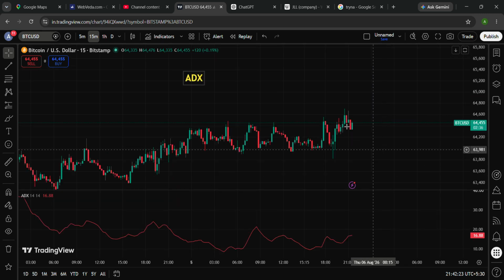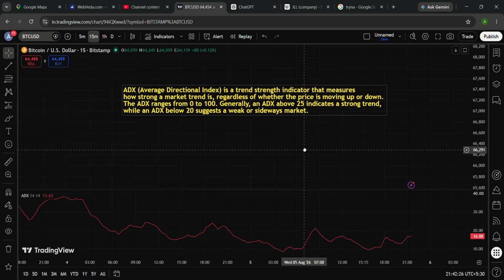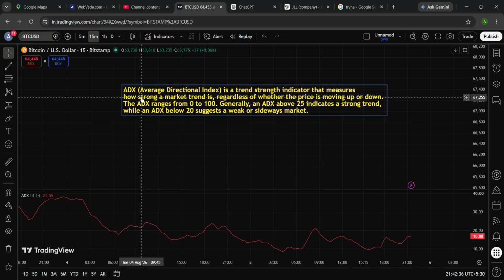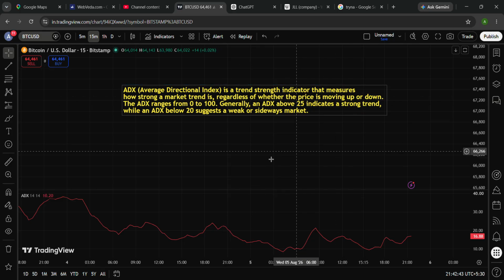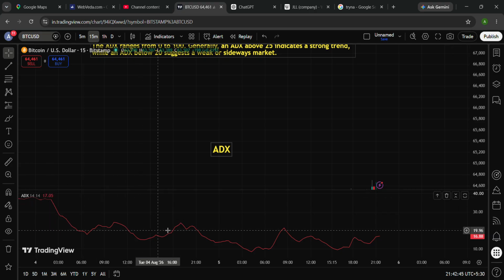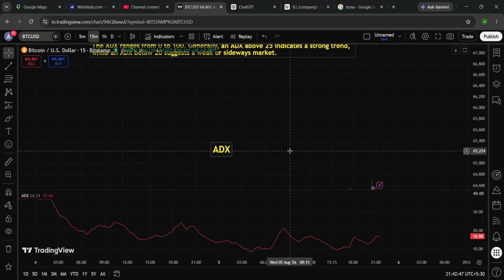Before that, read this small definition. ADX, the Average Directional Index, is a trend strength indicator that measures how strong a market trend is, regardless of whether the price is moving up or down. So ADX literally tells us the power of the trend, regardless of whether the trend is upside or downside.